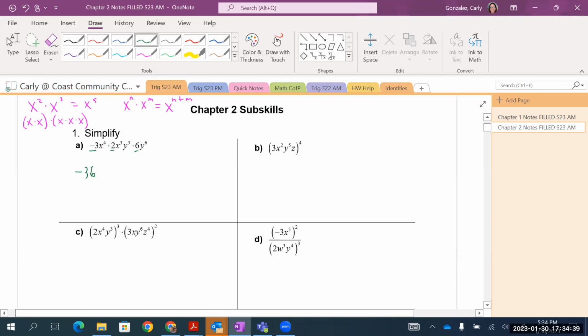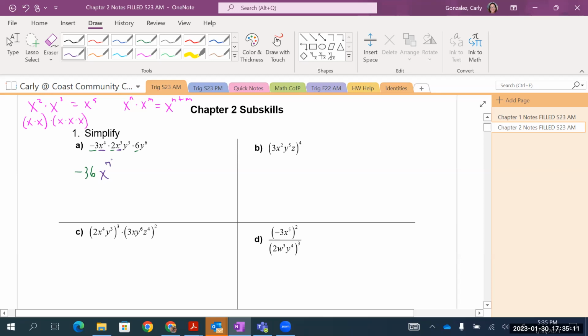Now we are ready to combine any like variables. Here we have x to the 4th, and we're going to multiply it by x to the 3rd. We keep the base the same as x, and we add the exponents. 4 plus 3 is 7.